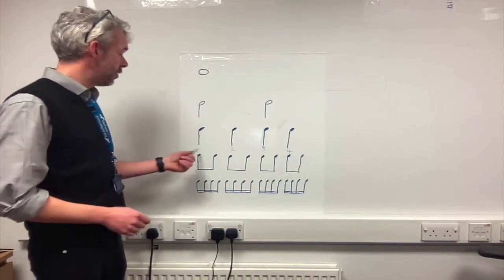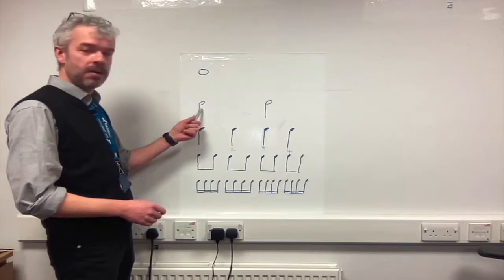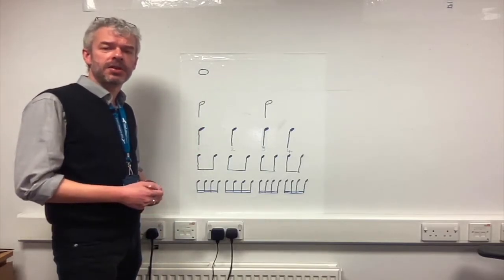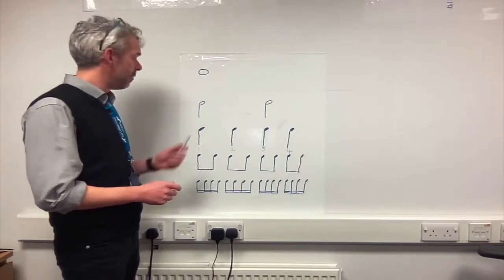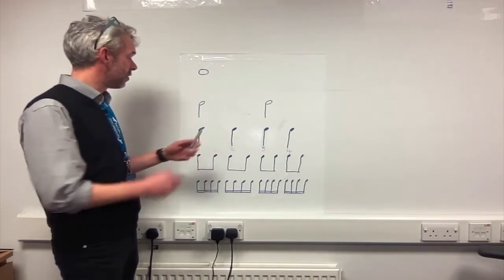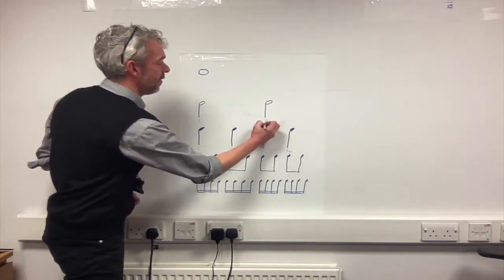Okay, so if a crotchet is 1 beat, then a minim is twice the length of a crotchet. So a minim is going to be 2 beats long. So we're going to hit the minims on every second beat. So it's going to be on the 1 and on the 3.